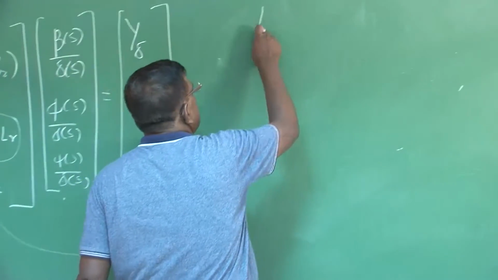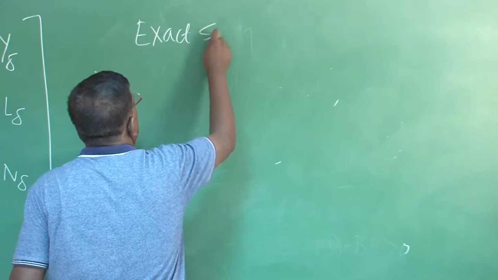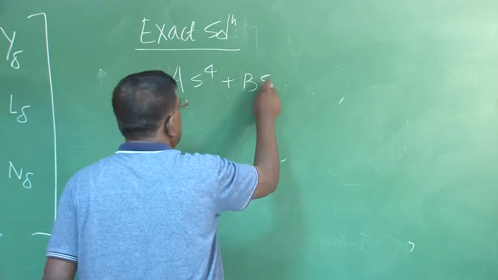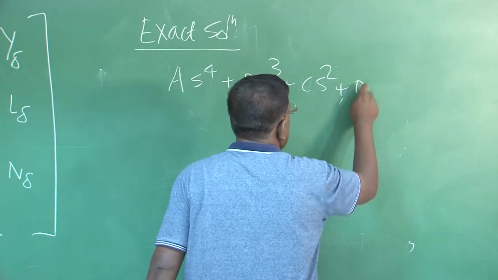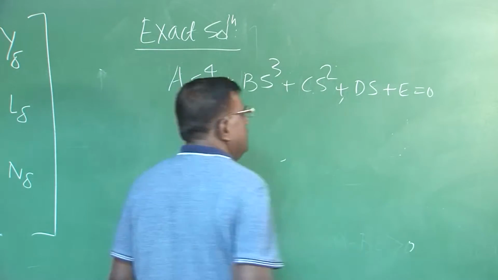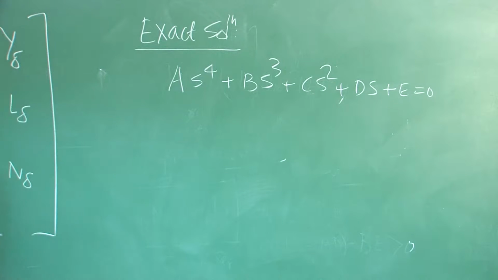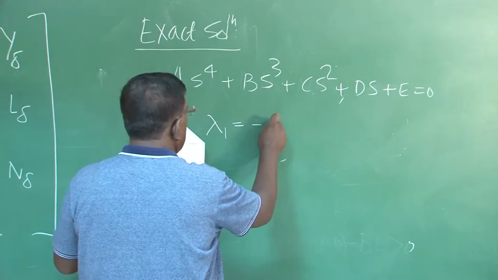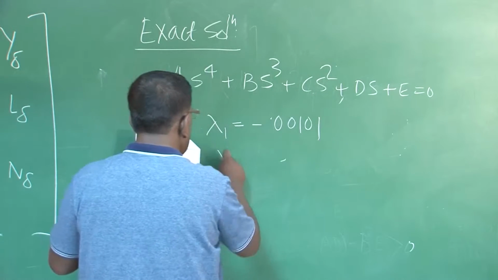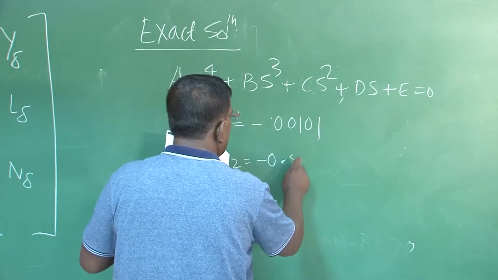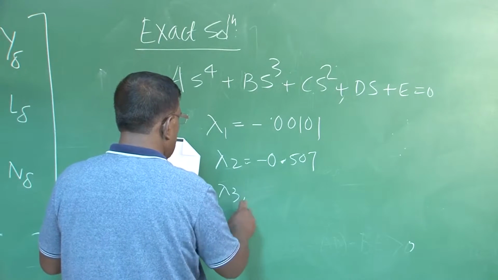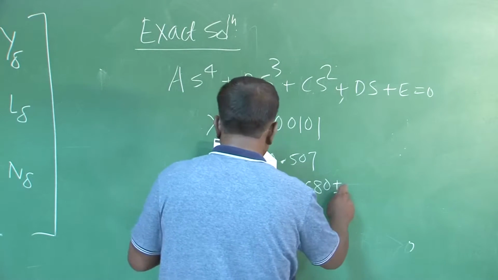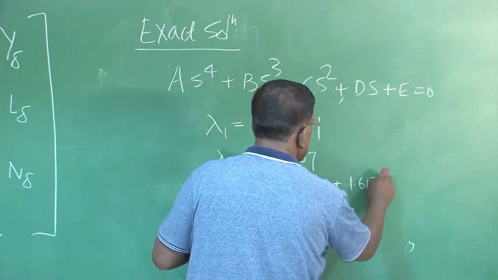Now you come for exact solution. Again, this AS4 plus BS cube plus CS square plus DS plus E equal to 0 is the characteristic equation, and for a typical business jet airplane, we found that lambda 1 was minus 0.00101, lambda 2 is minus 0.5507, and lambda 3,4 complex conjugate, your case 2, plus minus 1.617 j.